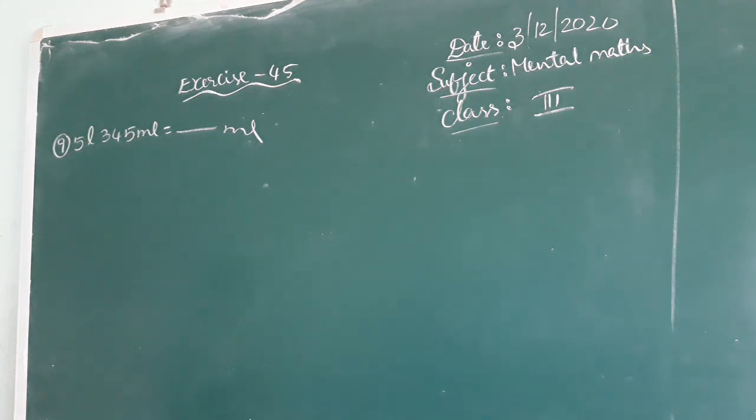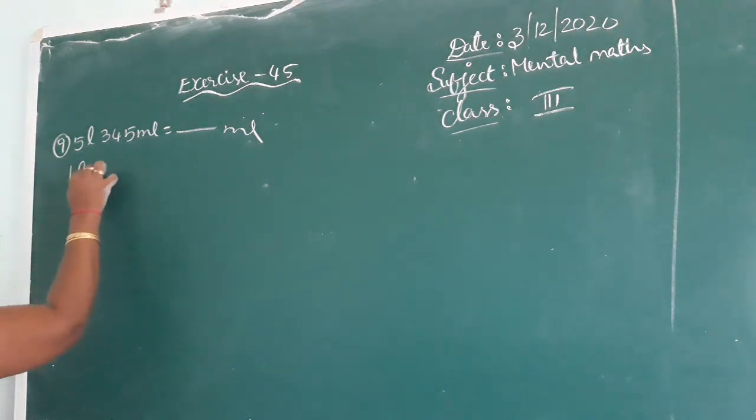How many milliliters are there in 5 liter 345 milliliters? So 1 liter contains 1000 ml.